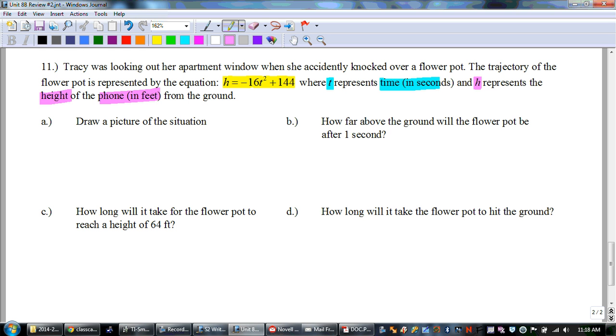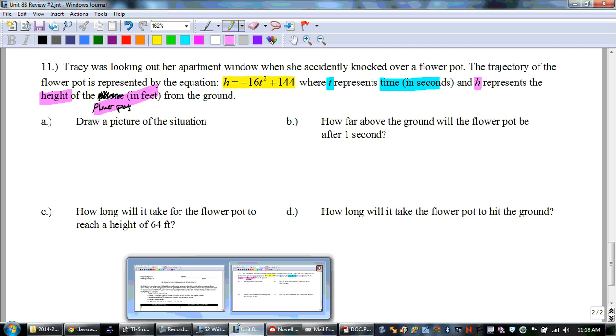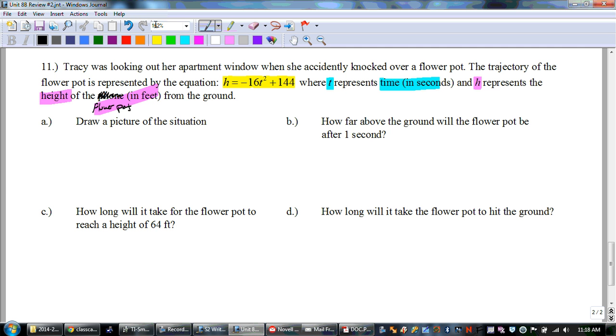Ooh, I caught a typo. Hopefully by now yours doesn't say this. But that should be, yeah, that should be flowerpot. Okay. Well, why don't we just draw the picture together? Drawing pictures is fun.